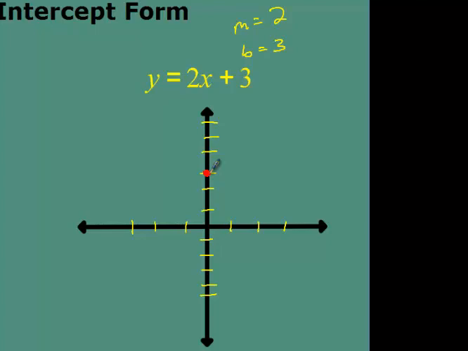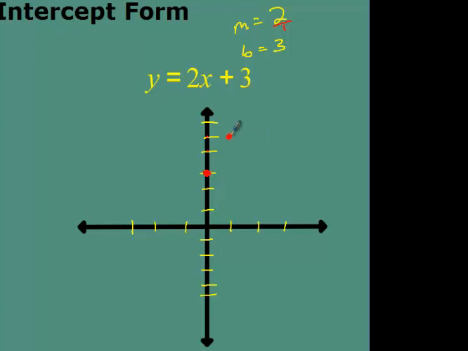From my initial point, what do I use? The slope, which is always thought of as a fraction. So from my y-intercept, what does my slope say to do? Go up 2, over 1, left or right? To the right. So this is another point on my line. Everybody okay?